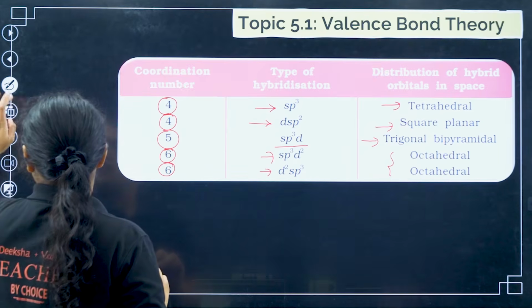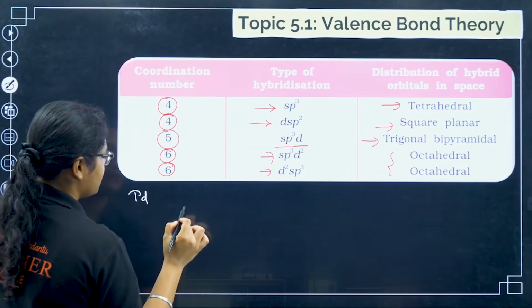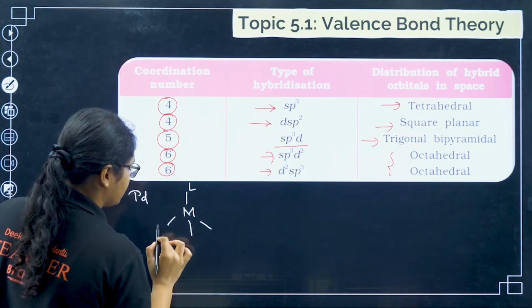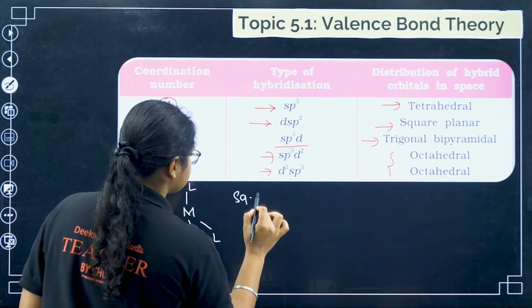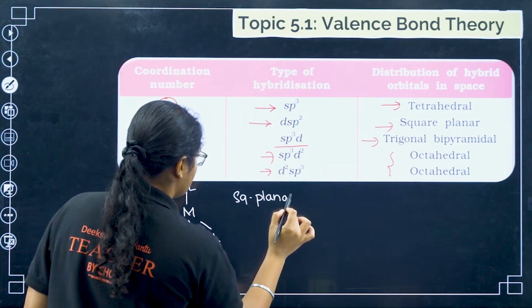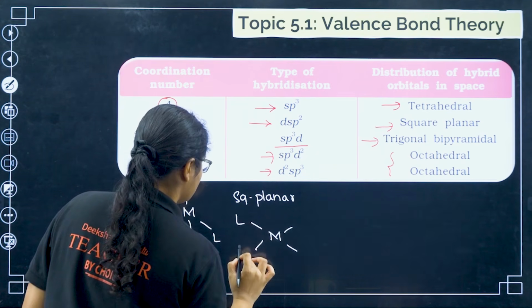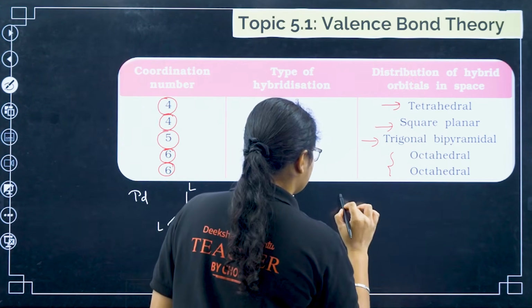Okay, so I'll just draw the shapes. What is the geometry of tetrahedral? You have metal and you have ligands like this. This is tetrahedral, right? Next, for square planar, you have metal and you have 4 ligands like this. This is square planar. Then you have trigonal bipyramidal.